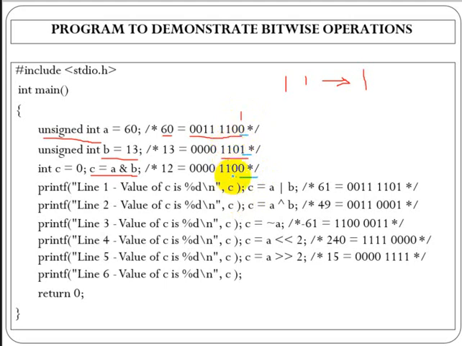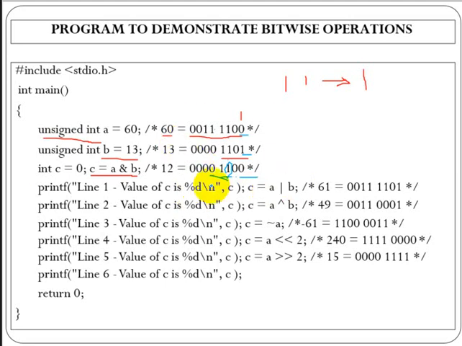Then 1 and 1, both are 1, so I get the output 1. Here also 1 and 1, so we get 1. Here the inputs 1 and 0 are not the same, so I get a 0. You take this as A and this as B, compare them bit by bit, and see whether they are equal or not.